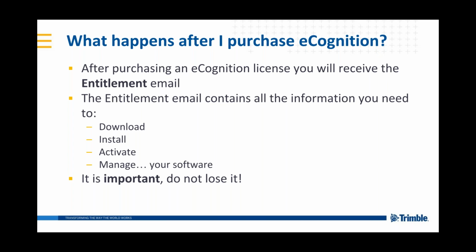Needless to say, this is important, so don't lose it. If you somehow misplace this, you can reach out to us and we can hunt through our data bank and track your organization down. We can get the information out to you. But it's really important to have this entitlement email, so save it somewhere and don't get fidgety with the delete button.